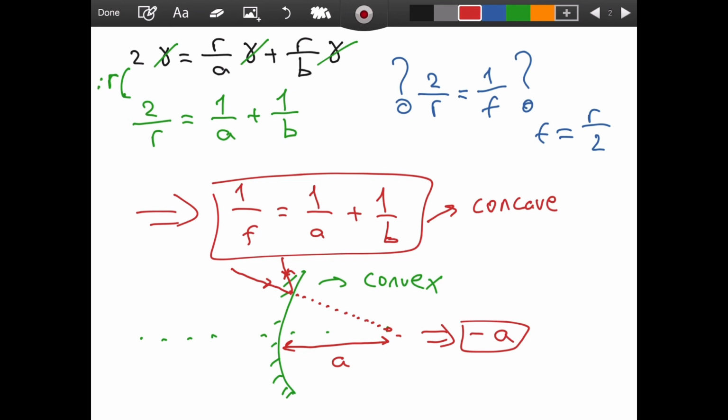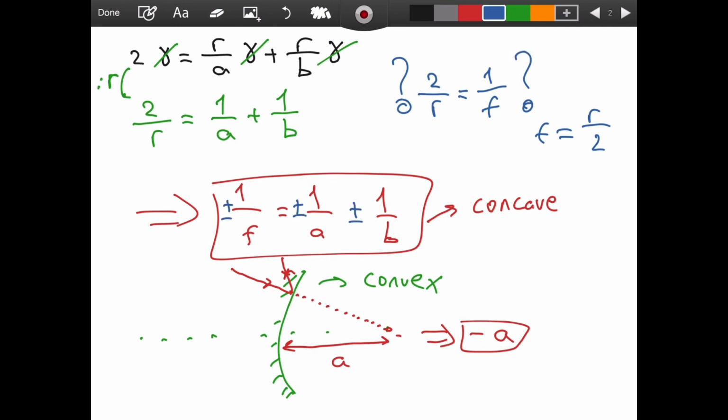That's why we put a negative for the focal length as well. So what I am trying to say is, to make our formula general, we can put plus or minuses like this. Let's do it with a different color so that it looks nice. So don't forget the plus and minus here.